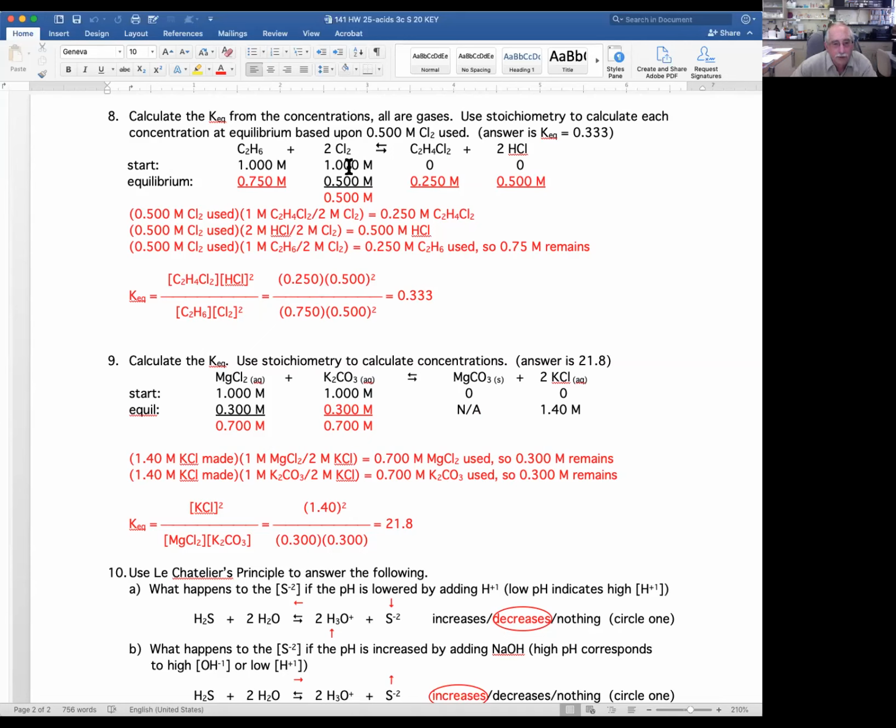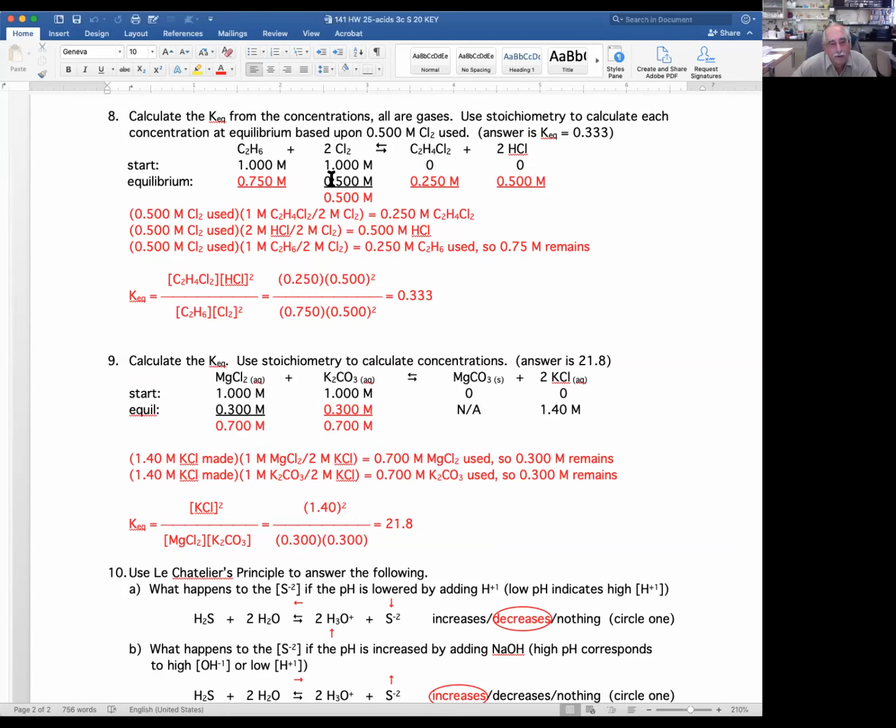So this is the stoichiometry. You went from 1 molar chlorine to 0.5, so 0.5 disappeared. Where did it go? It went that way. So 2 of these make 2 of those, so 0.5 made 0.5. For every 2 of these, I make only 1 of these, so this should be half of that.